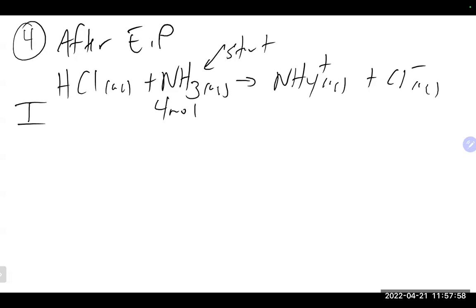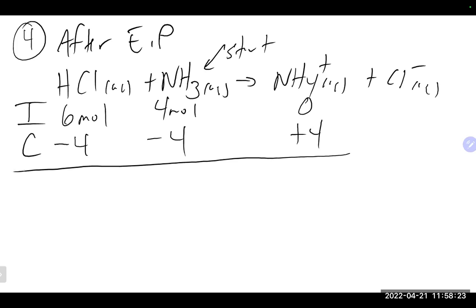Because we are past the equivalence point, we should have more moles of HCl. And we'll just make up 6 as a nice number. This would be 0. This is going to cause the same sort of reverse situation that we talked about earlier, where our moles of NH3 now are the limiting, so we don't get a negative number. Gives us 2 moles, 0, and 4 moles of this guy.